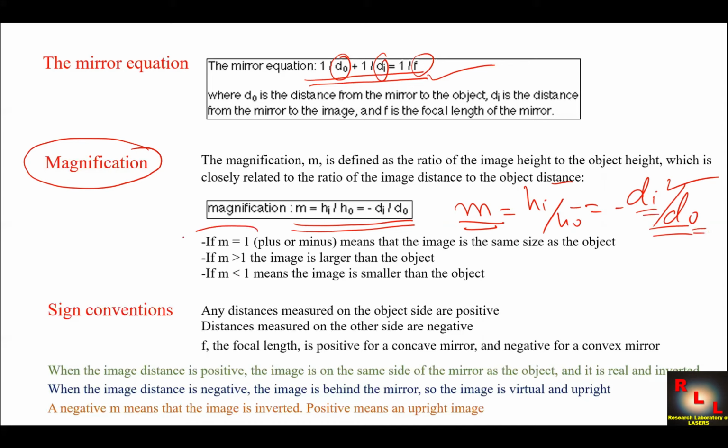So if M is equal to 1, it doesn't matter plus or minus, it means that the size of the image and the object are the same.